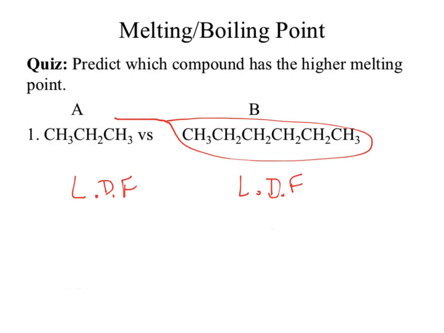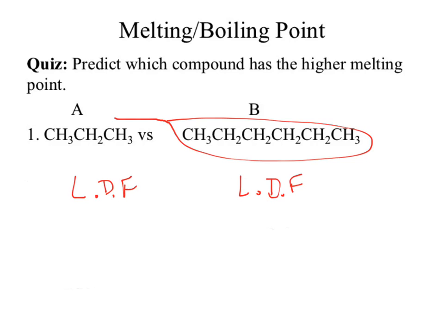Why is it less? It's the same paper. Less surface area. It comes down to the surface area. So it's the same strength of force, but I have less opportunity to make that force, which then means I get a weaker attraction between them. So you would have a lower melting point.